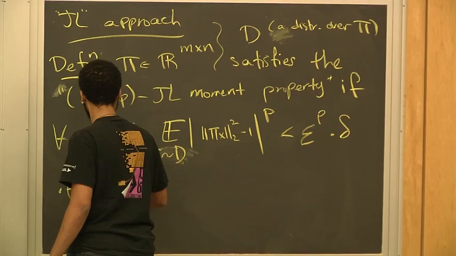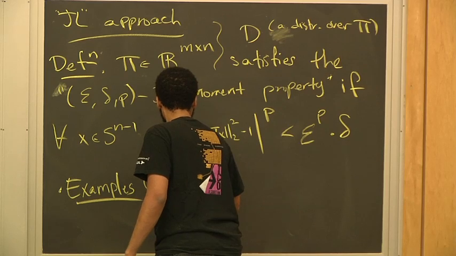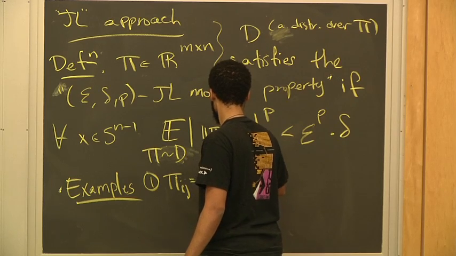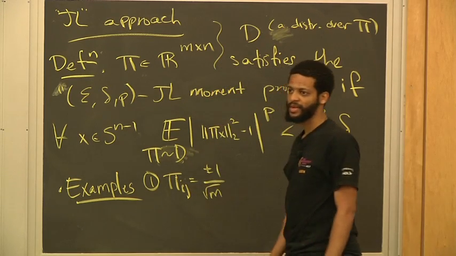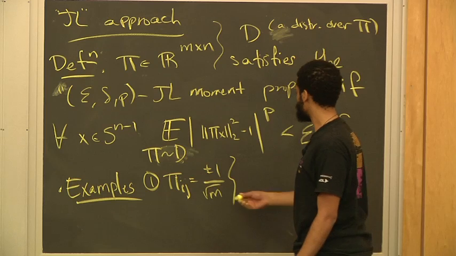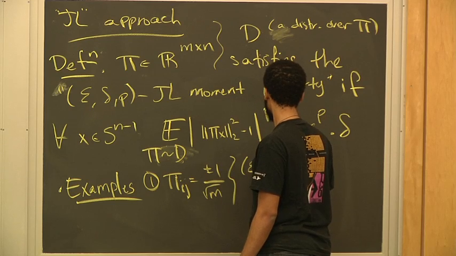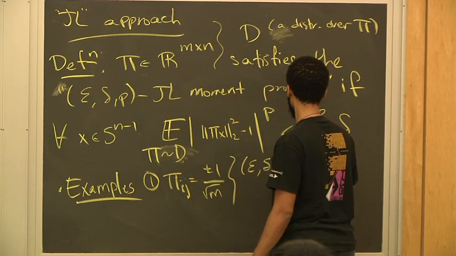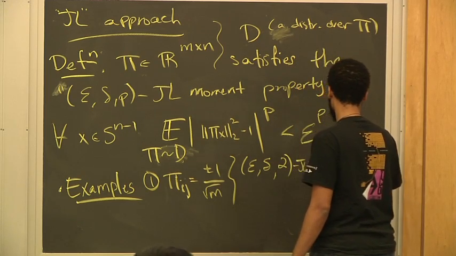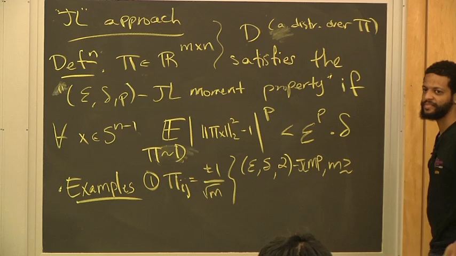Examples. Suppose that pi_ij is equal to plus or minus 1 over root m. When we analyzed the AMS sketch, what we showed is that it has the epsilon, delta, 2 JL moment property.